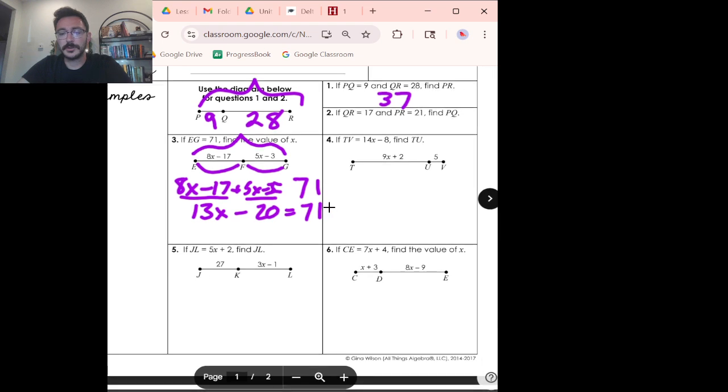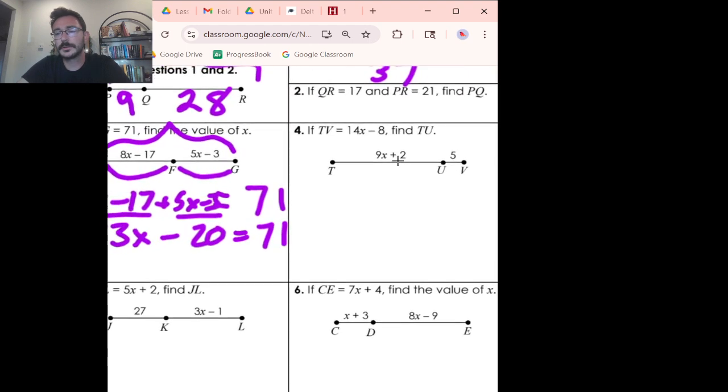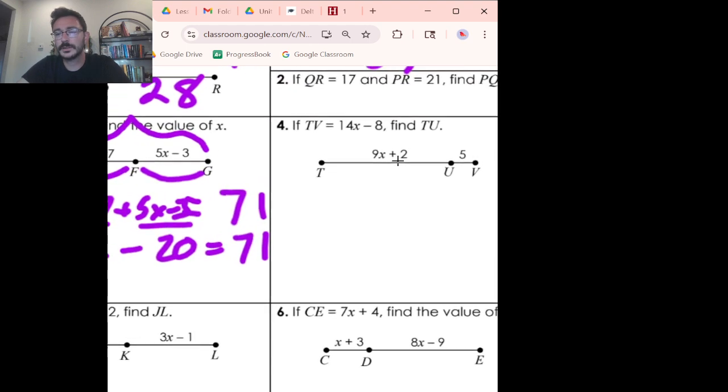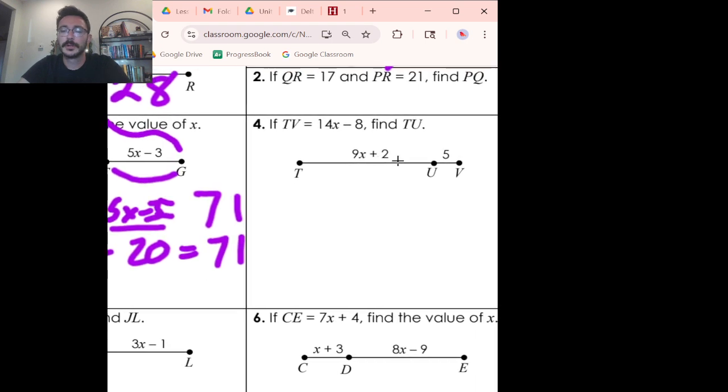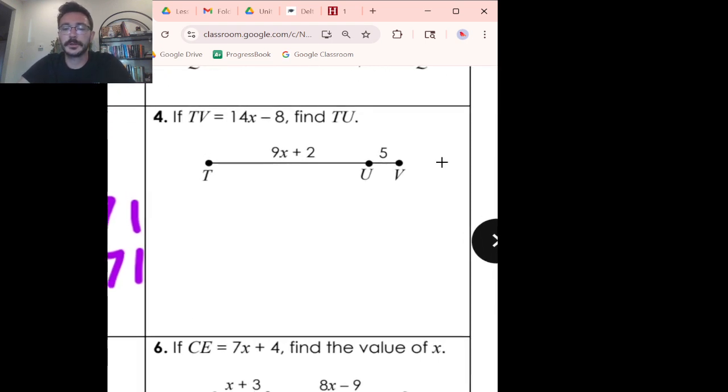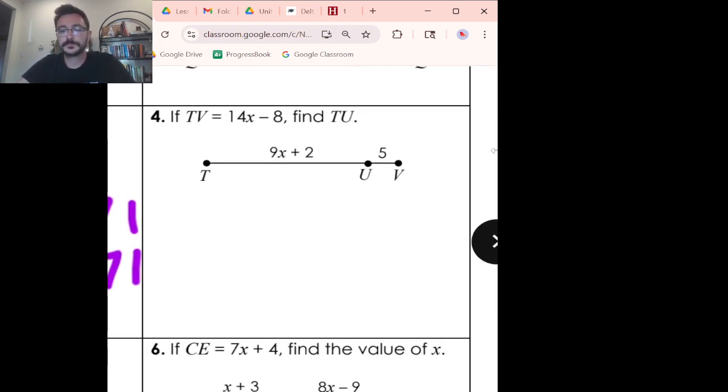Let's keep going, because these are kind of the same idea. Let me see if there's any that stick out to me. Let's talk number 4 real quick. The difference with 4 here is that my total has a variable in it.